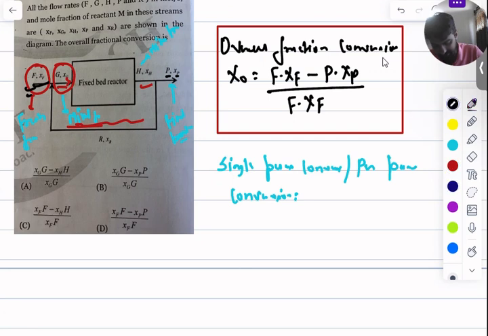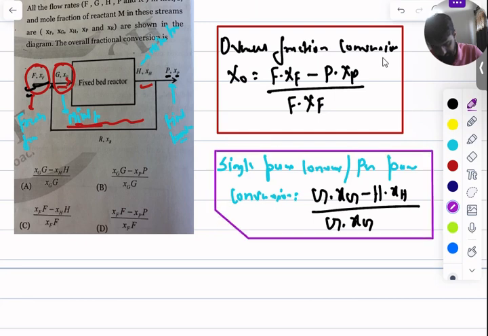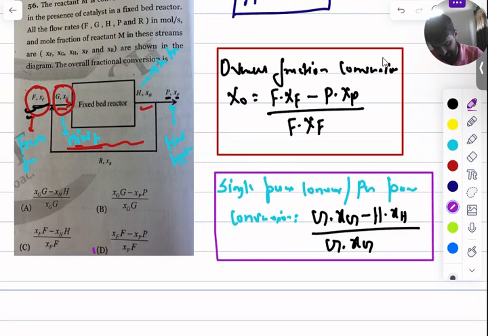So you can understand how I am writing Z into XZ minus H into XH divided by Z into XZ. Is that clear? Okay. So here, based on this particular question, option D will be the correct answer.